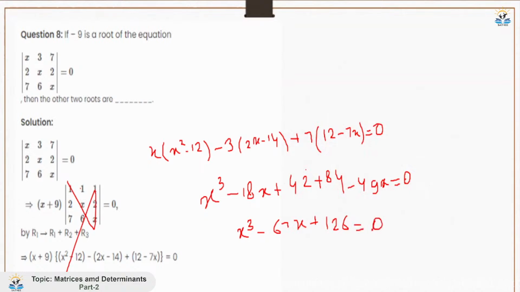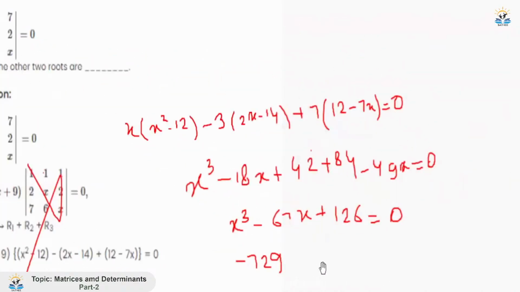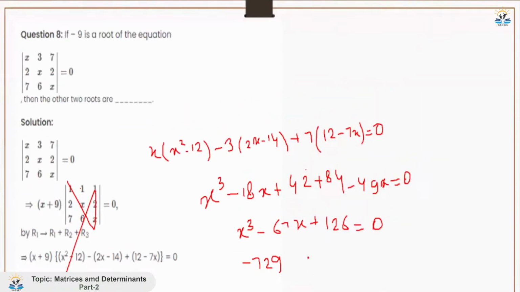They have given that minus 9 solves this. So we know that minus 9 cube is nothing but minus 729, and here we will be getting plus 603, plus 126.